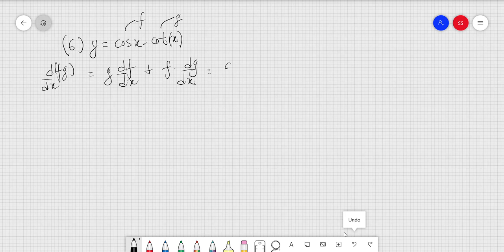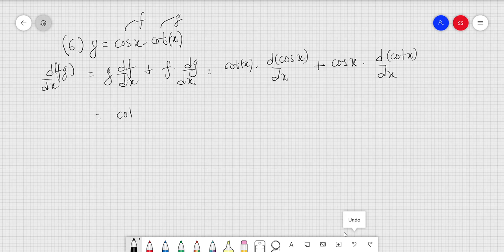So our g is cot x times the derivative of f, which is cos x, plus f, which is cos x, times the derivative of g, which is cot x with respect to x.